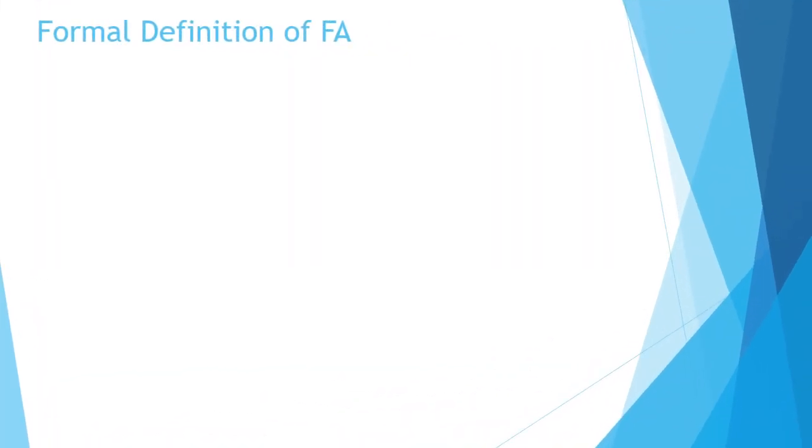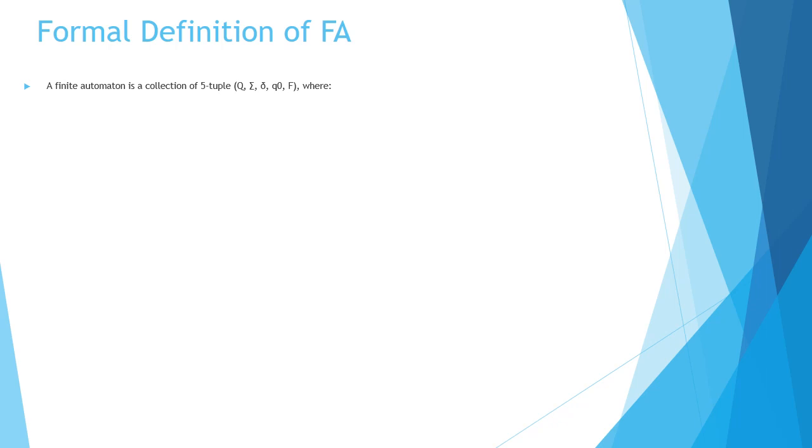Now we will learn the formal definition of finite automata. Again we will take the help of this same diagram, so it will be easier to understand. What is the formal definition of finite automata? A finite automaton is a collection of a five tuple.